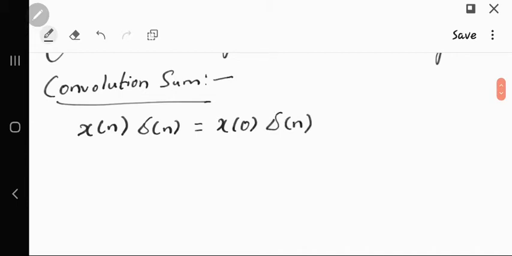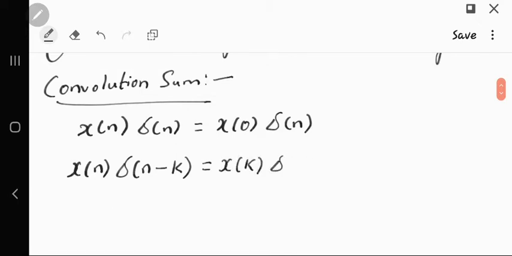Now this relationship can be generalized as a product of the signal x of n with a time shifted impulse sequence, that is delta n minus k, where k represents the time shift. This can be written as x of k delta n minus k.